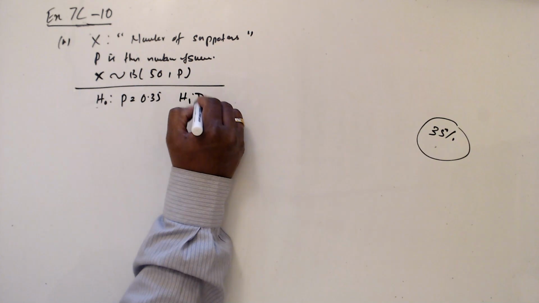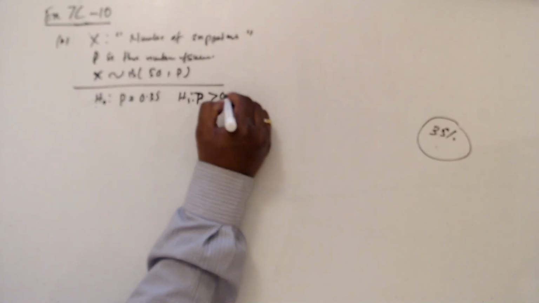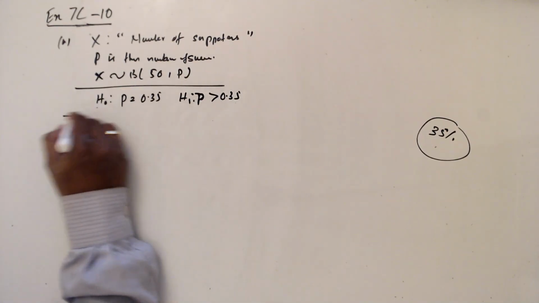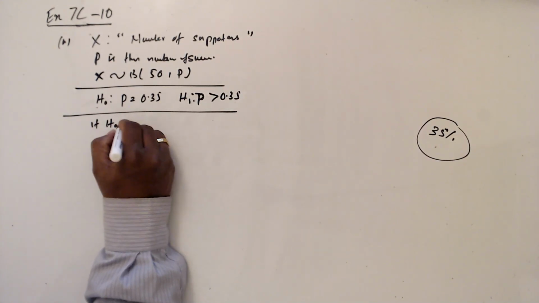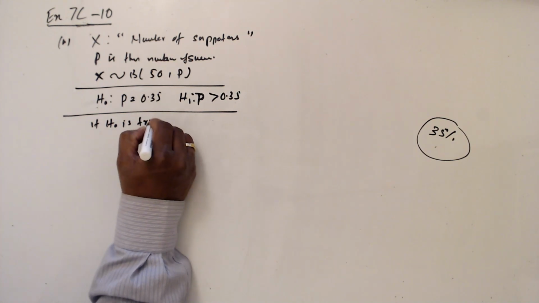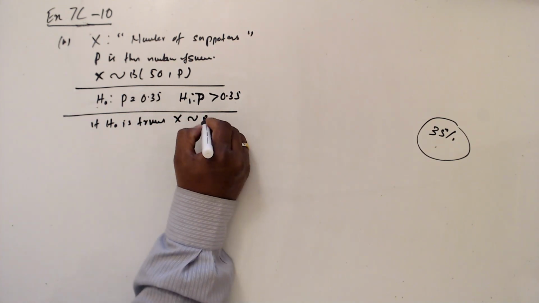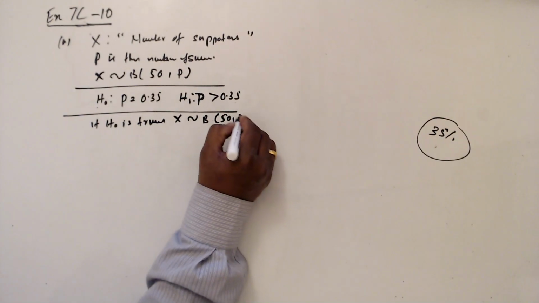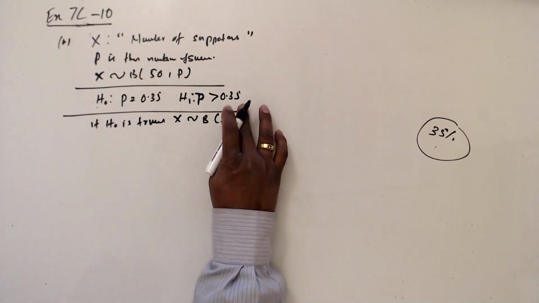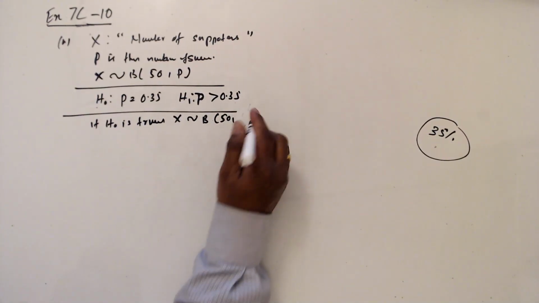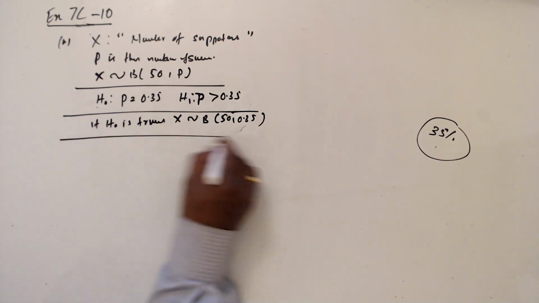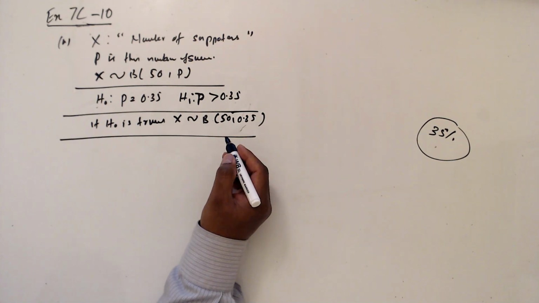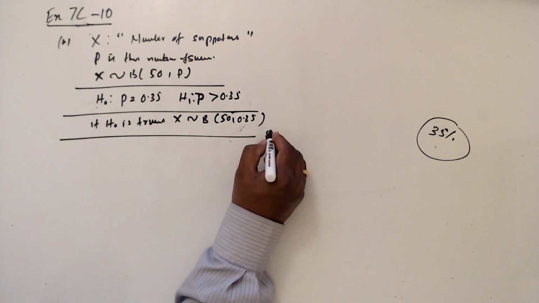It means p has to be greater than 0.35. Now if H naught is true, X follows binomial 50, 0.35. We need to find the rejection region for the 5% level.